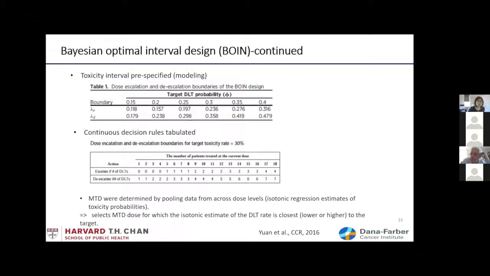I would suggest you just go with 3+3. Imagine if you have only 2 or 3 dose levels, you probably don't have a very good idea regarding those toxicity curves, right? You don't, because it's really just 2 or 3 levels. So for this question, I think 3+3 is still the way to go.